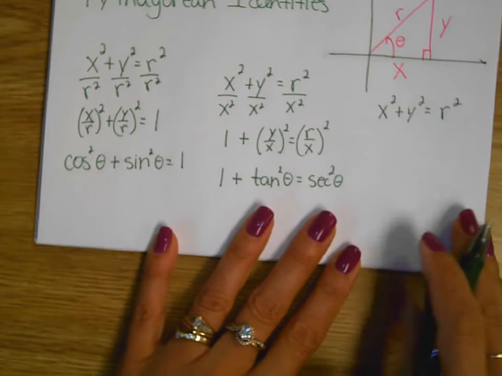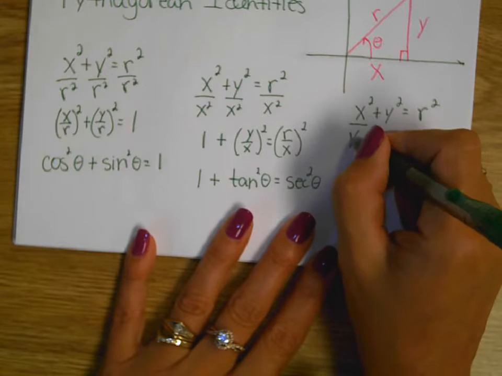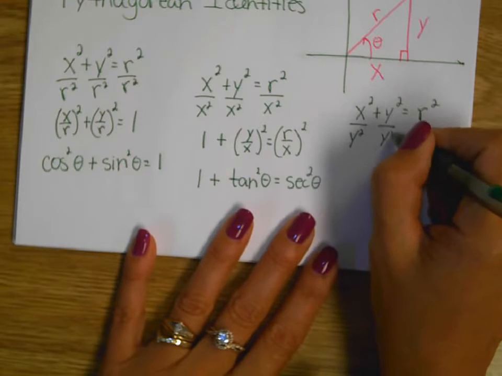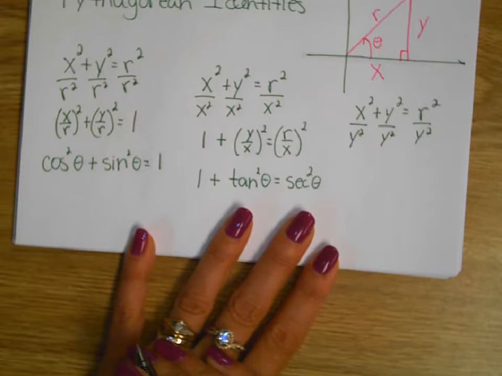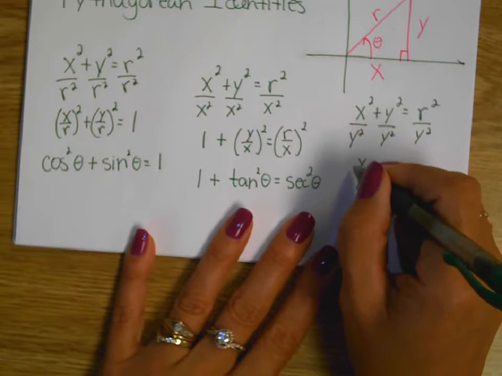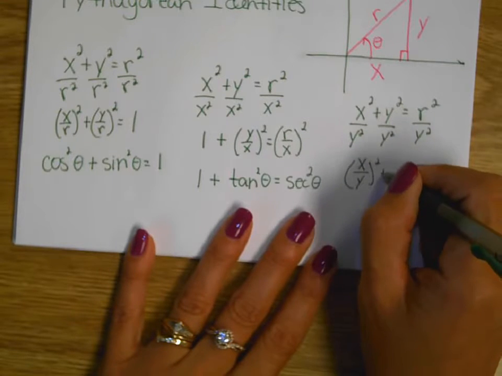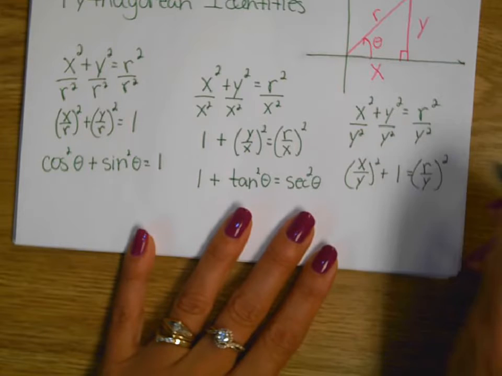What's left to divide through by? The y squared. So we'll divide through by y squared. Break that into x over y squared, 1, r over y squared.